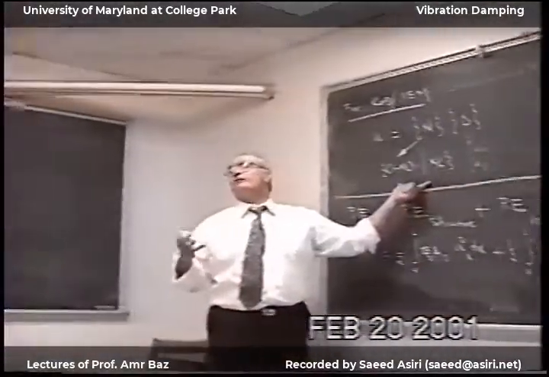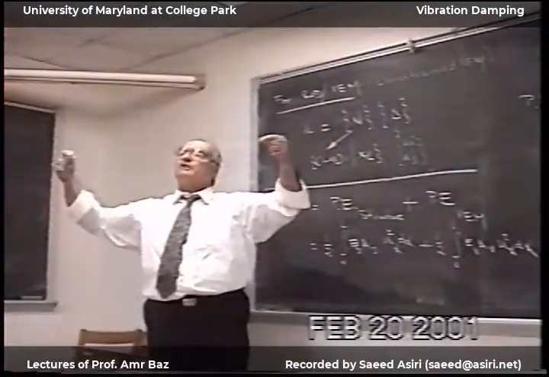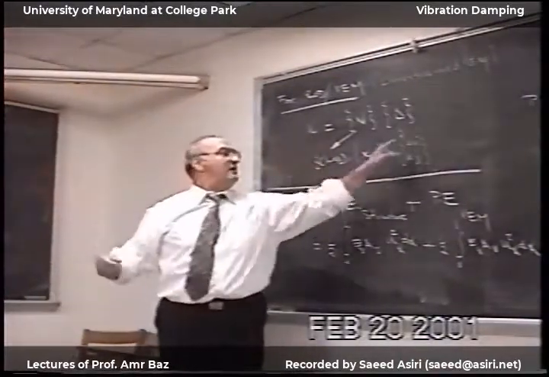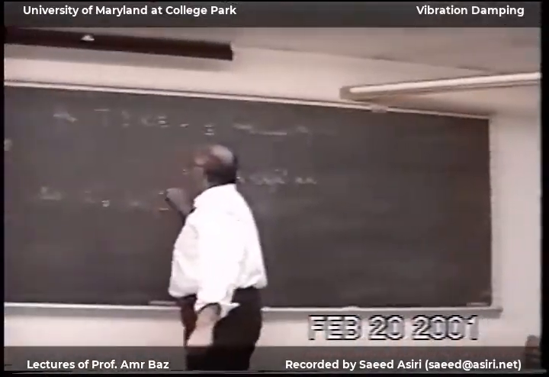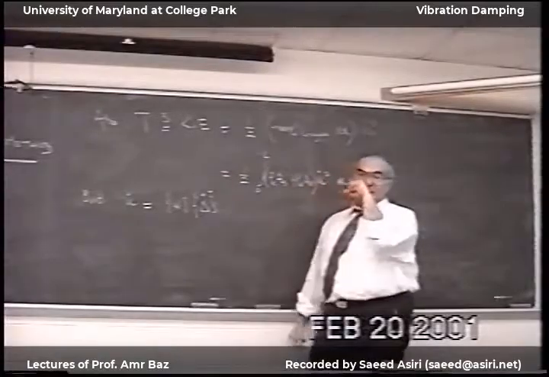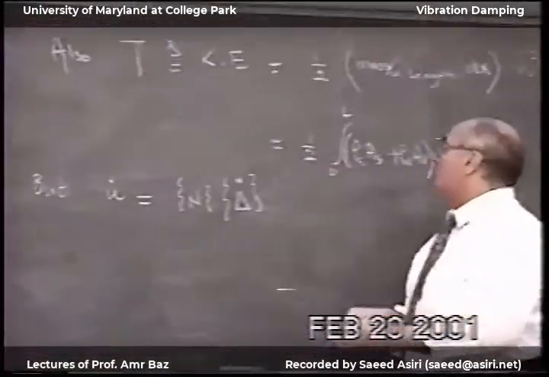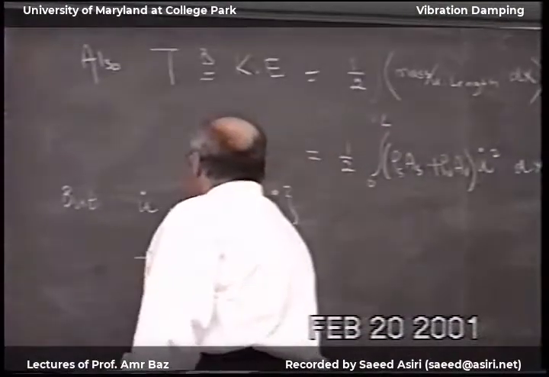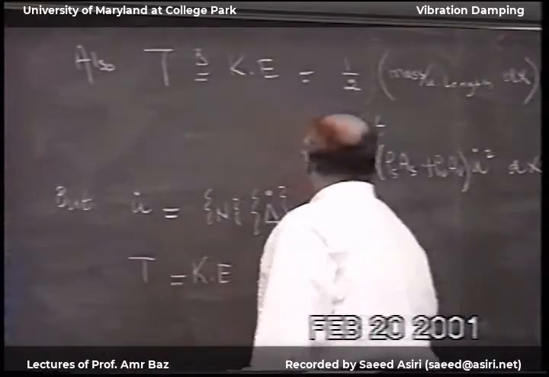So it does not depend on time. The last matrix is the nodal points, they move back and forth with time. So this is the derivative with respect to time. Now I take this and plug it here. Then we have the kinetic energy will equal to 1/2.